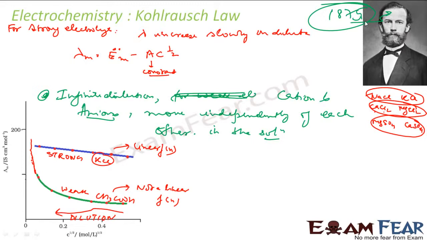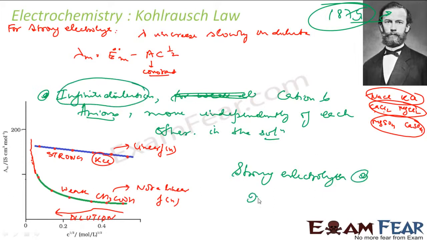To prove this, what he did was he measured the molar conductivities of strong electrolytes. Please note, he took strong electrolytes. And since I am talking about infinite dilution, he took strong electrolytes at infinite dilution. Right? He did that, and let's see what the result was.